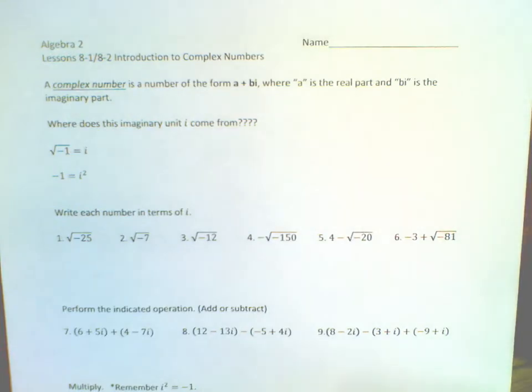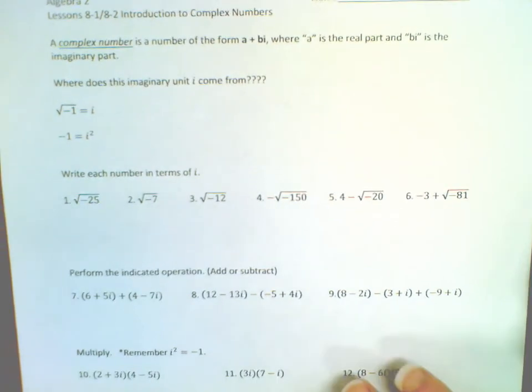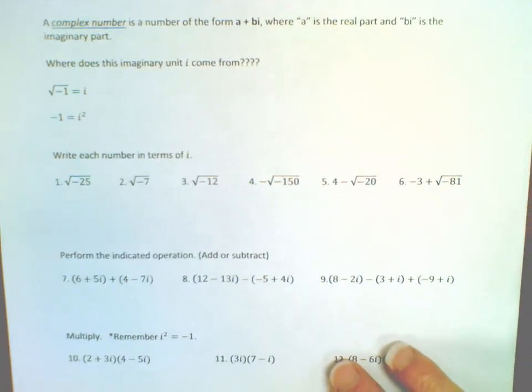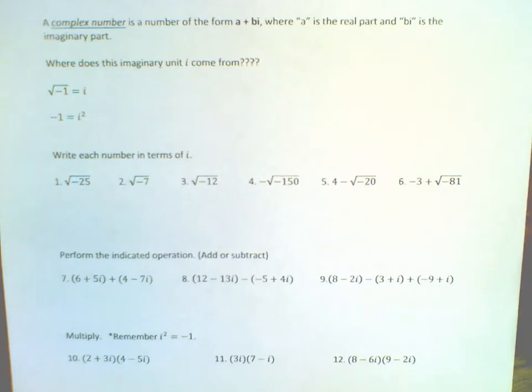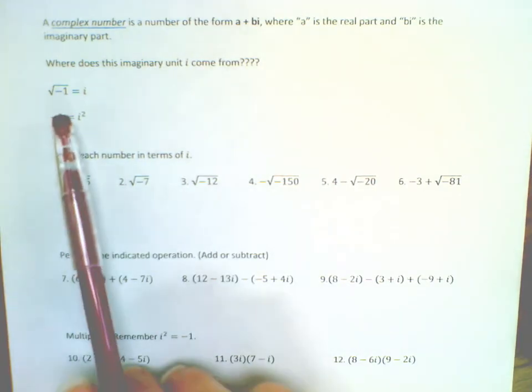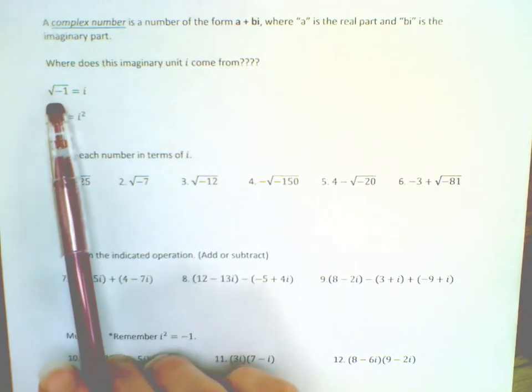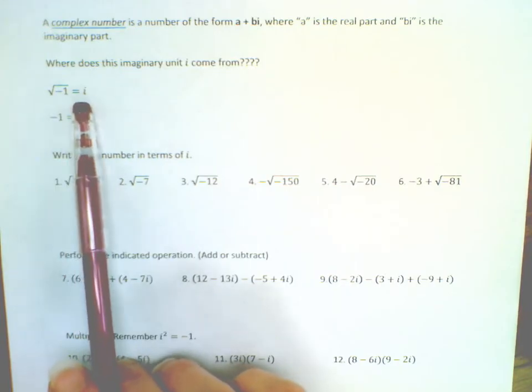Now, where does the imaginary unit come from? Well, basically it comes from when you have a negative under a square root. And that's defined, so right here, the square root of -1 is defined to be i.